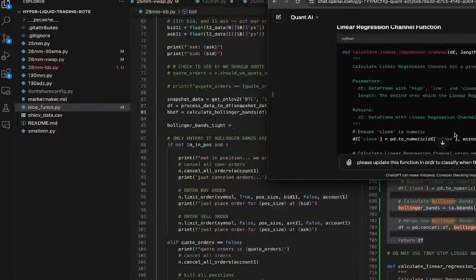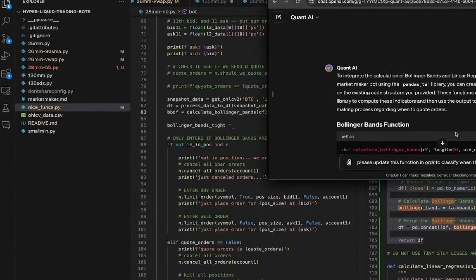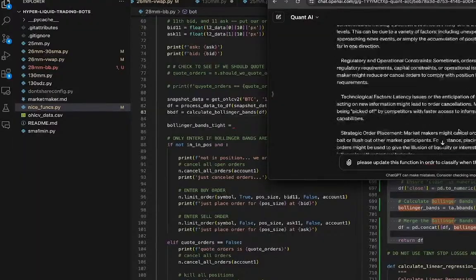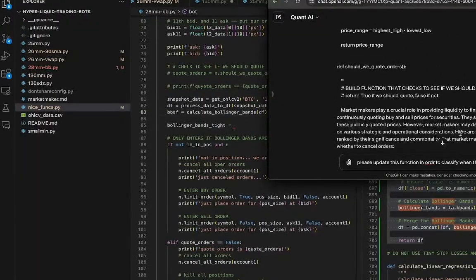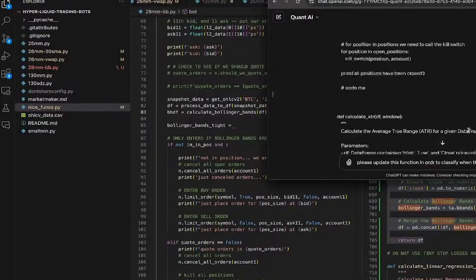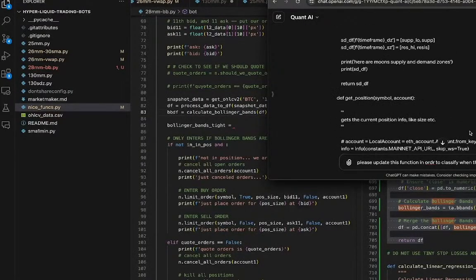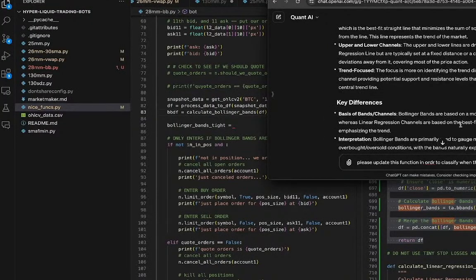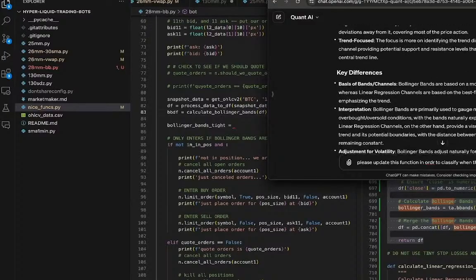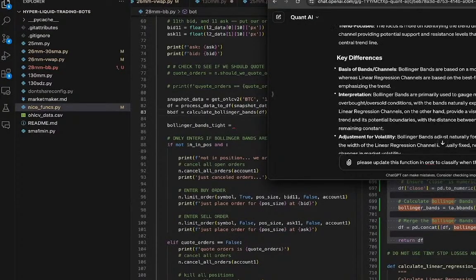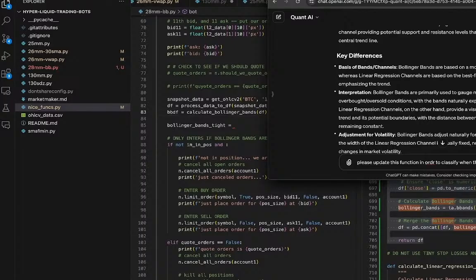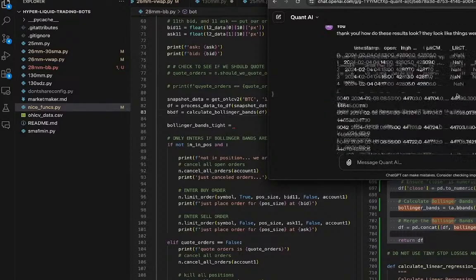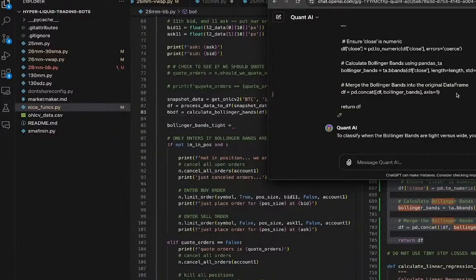So I'm trying to figure out their terminology here for how to call them tight. Bollinger Bands are tight versus wide.